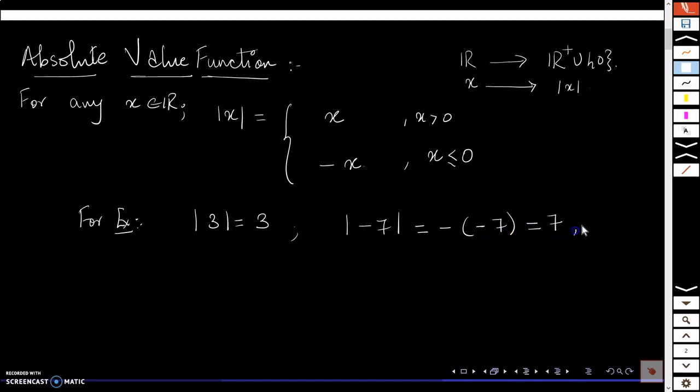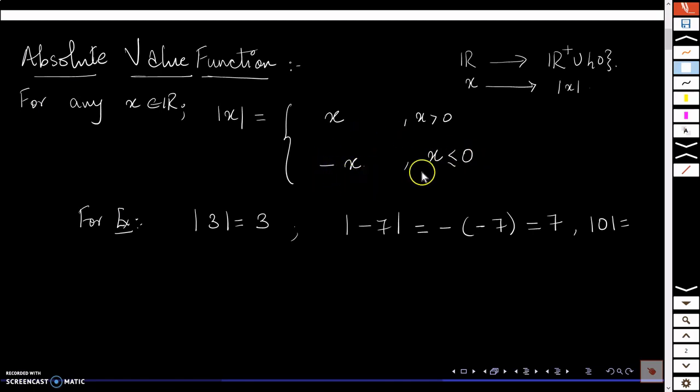In the same way, we can also talk about modulus of 0. As per the definition which I have stated here, 0 comes in the second case. When x is 0, you are going to have minus 0 here, and that's 0.